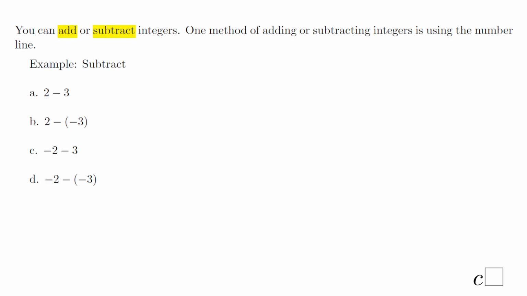On this second example, we're going to look at how to subtract, which is very similar. I'm going to use the number line. 2 minus 3. So I'm going to go to 2, 1, 2, and this minus tells us we should move to the left 3 units, 1, 2, 3, and then it's -1.